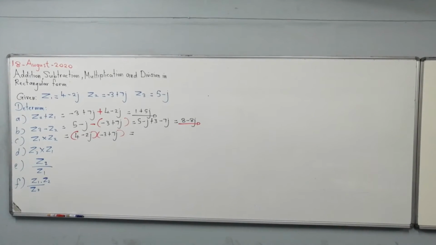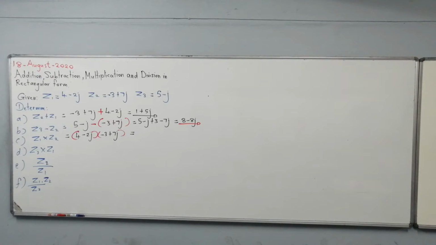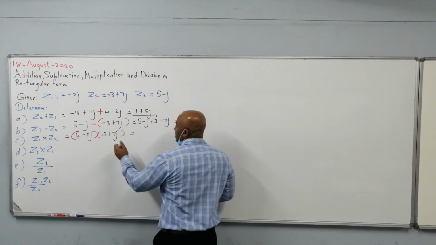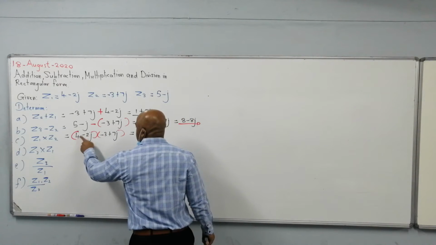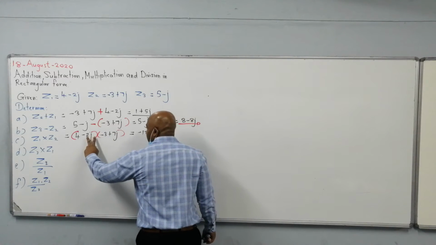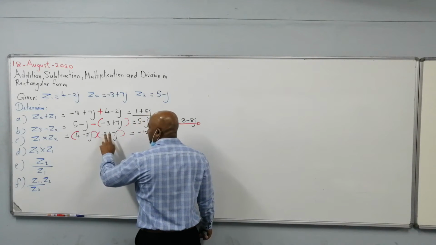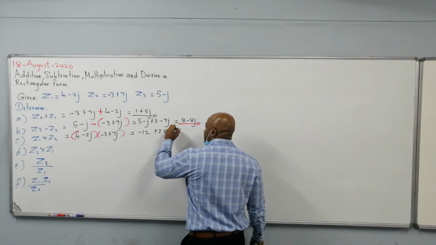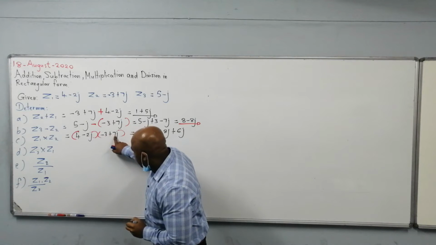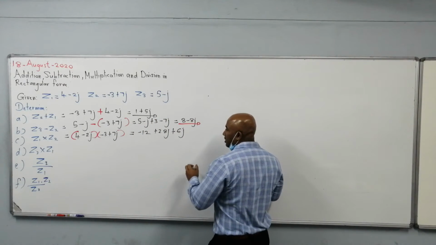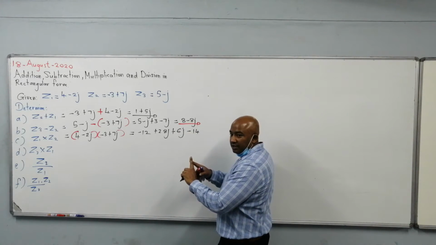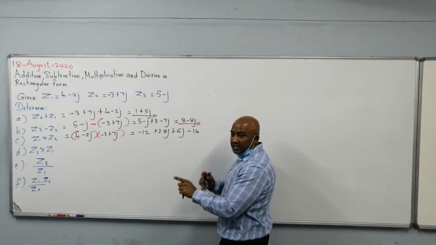Multiply that out. Alright, so multiplication, we're going 4 times minus 3, which is minus 12. 4 times 7j, which is going to be 28j. And then minus 2j times minus 3 will be a positive 6j. And then minus 2j times a positive 7j will be minus 14. And remember, there's a j times a j. It's like x times x. What's j times j?